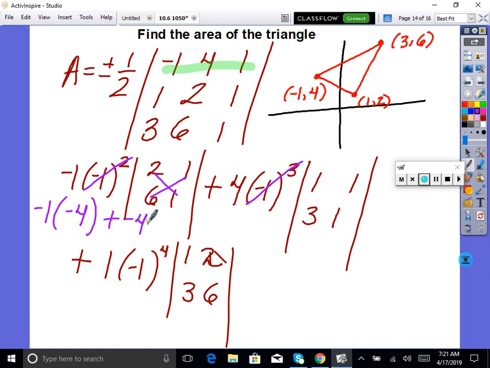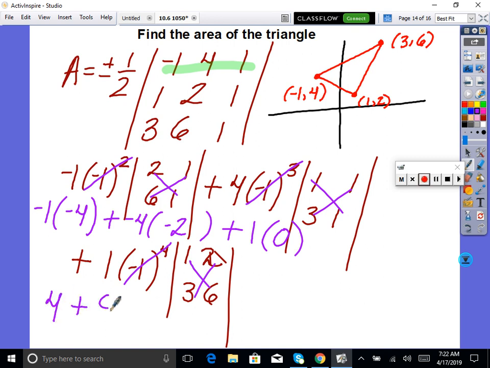So we have negative 4 times by 1 minus 3. Then plus, let's go to here, 1 times negative 1 to the 4th. Negative 1 to the 4th is positive, times by 1, times by 6 minus 6. 0, isn't it? So now we get that's positive 4 plus 8, which is 12. So the area is 12.